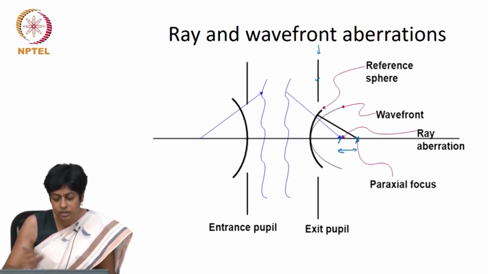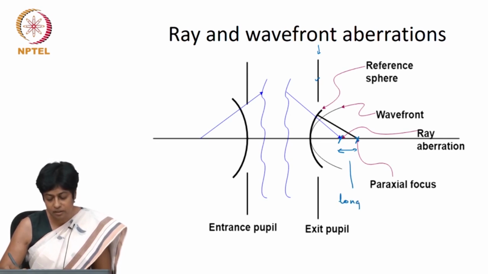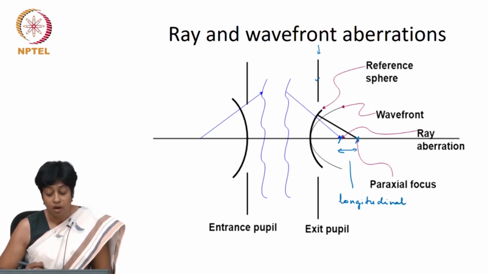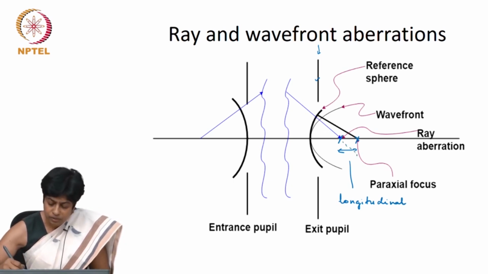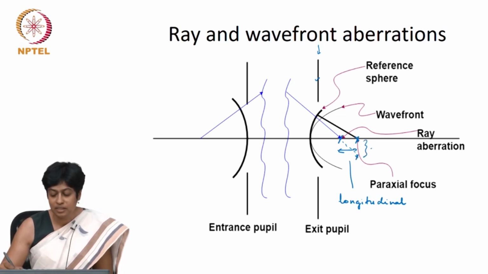So this is a longitudinal error. I can measure it as a length along the optical axis. On the other hand, I could continue this ray to this point and say it should have been here, but instead it's here. This is now a transverse or a lateral error.